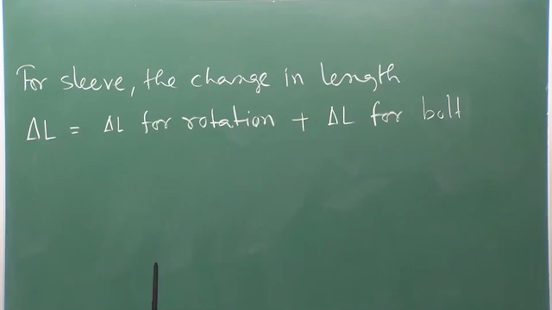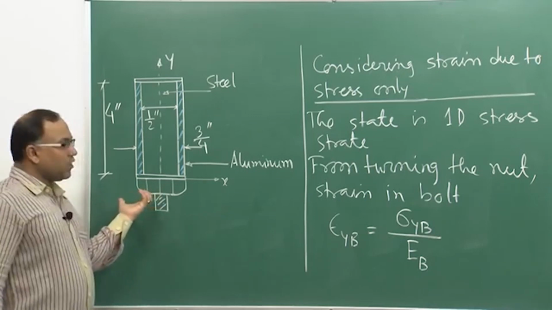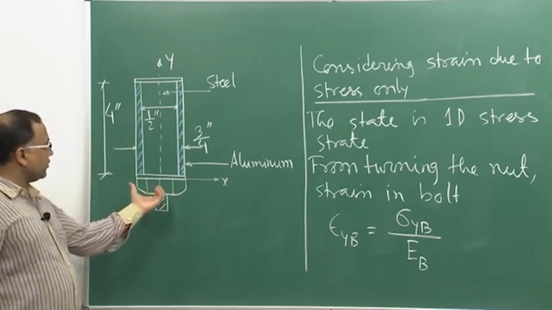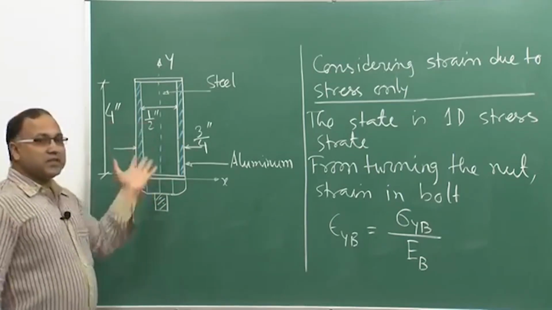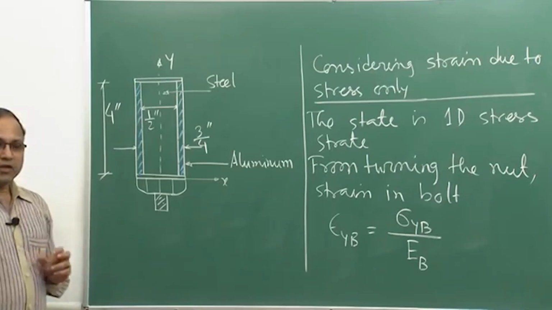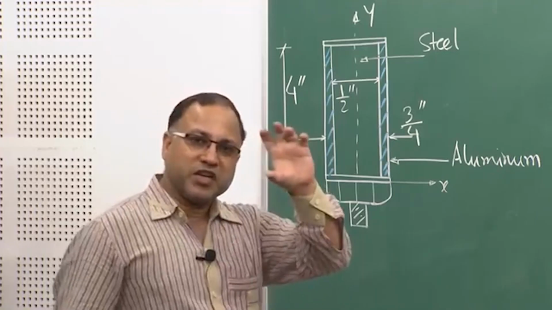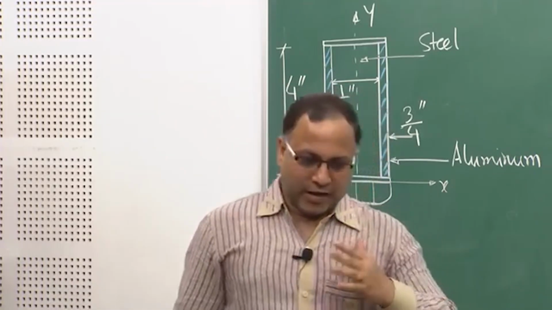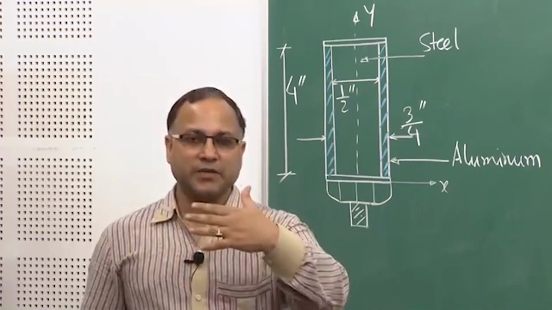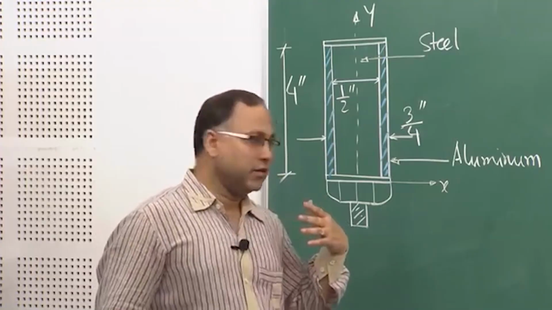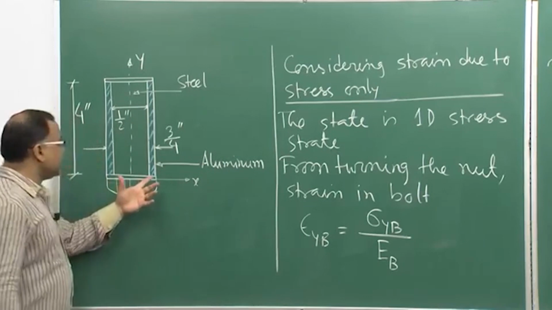Try to understand the concept, the mechanism, what is happening. When you are giving 1/4 turn of the nut, it will try to compress the sleeve. Due to that rotation of the nut you get compression in the sleeve, but that will create some force on the sleeve and the sleeve will try to expand again, because your bolt is getting extended and we are not considering any gap in between.